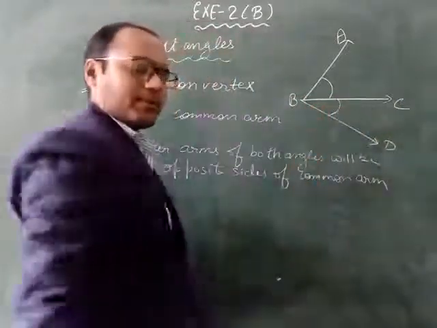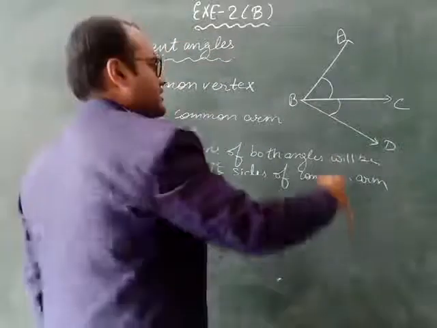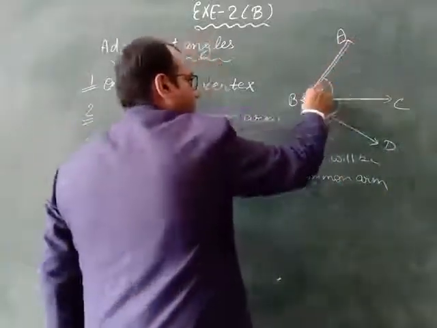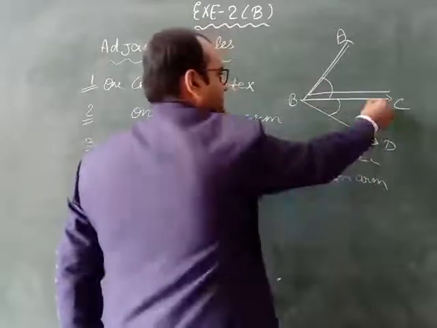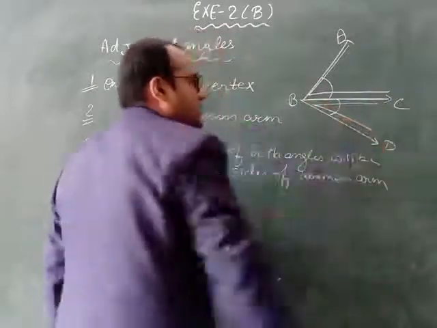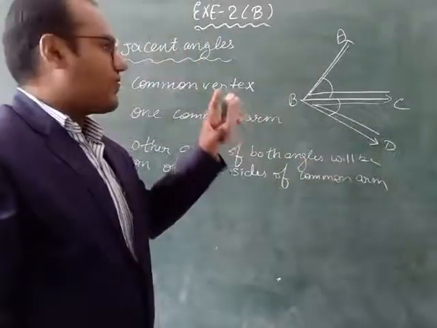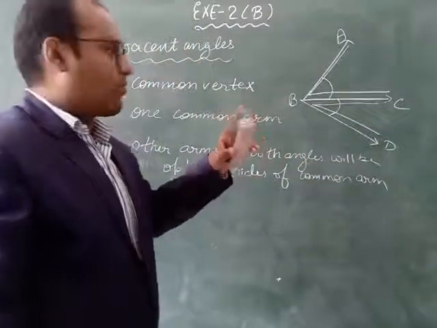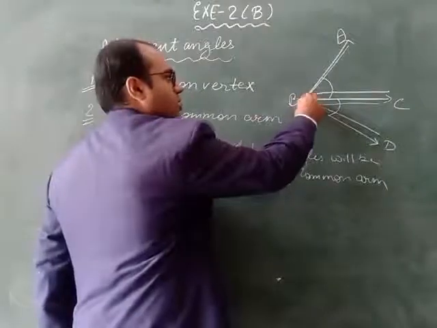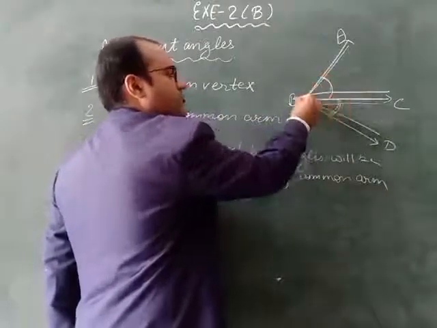These two angles I have made here. First angle is angle ABC, another angle is angle CBD. So in both the angles you will observe one vertex is common. This vertex B is common. Both the angles are on vertex B.